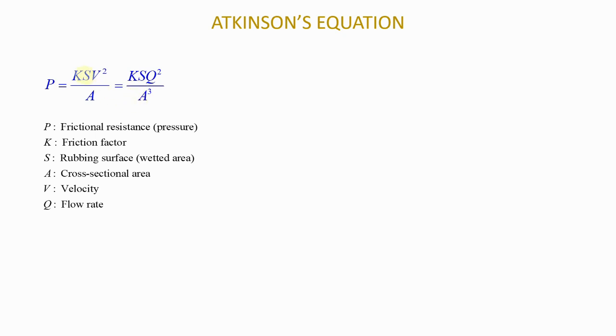We just played with the fact that velocity is equal to Q over A. So we replaced V by Q over A, and when you work on this equation by replacing V by Q over A, you end up with this format of the equation. But this and this are the same.